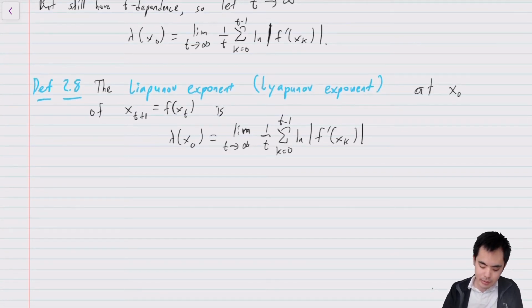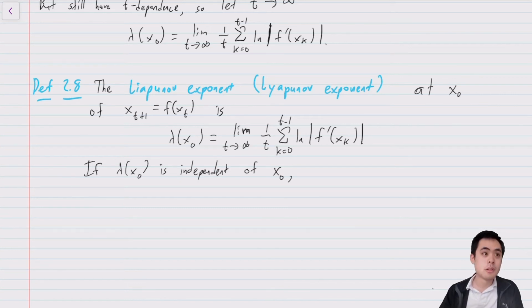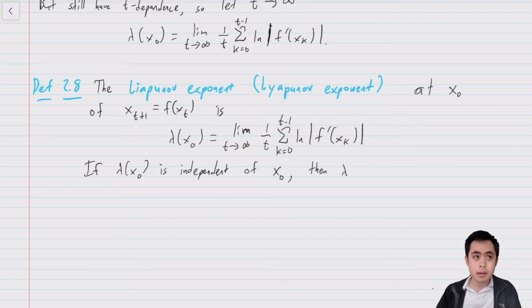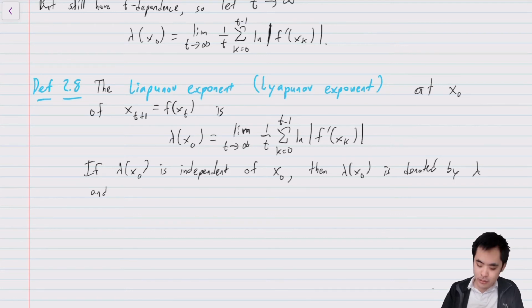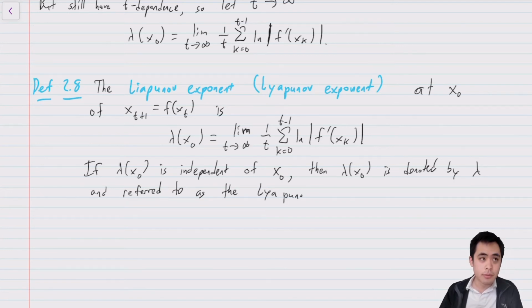And it turns out that sometimes this will be independent of x naught. So if lambda of x naught is independent of x naught, well, then we don't need the x naught. It's denoted just by a lambda and referred to as the Lyapunov exponent of f.